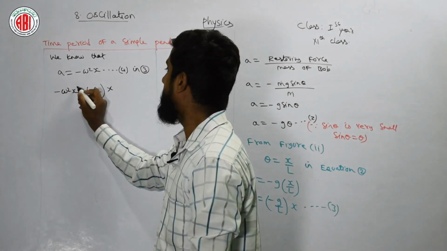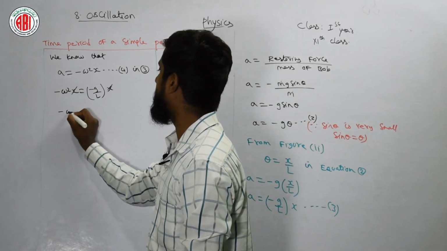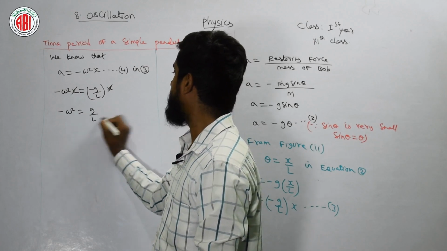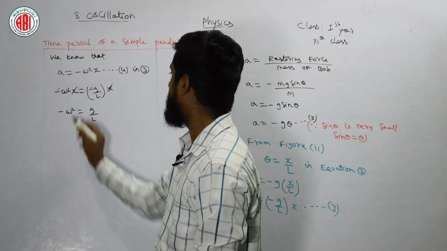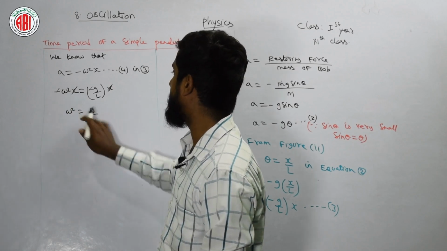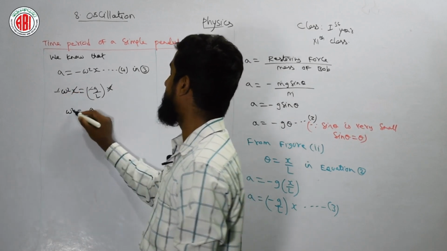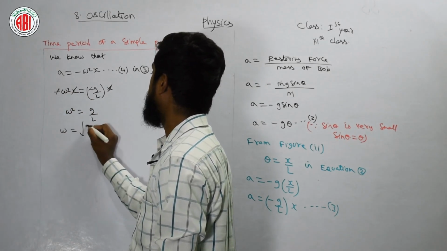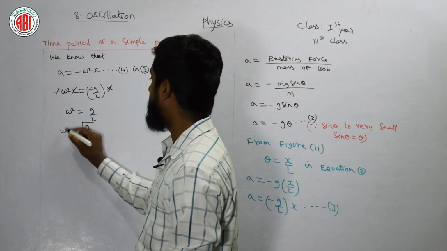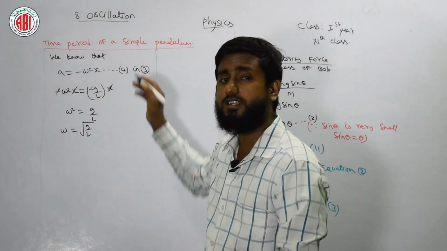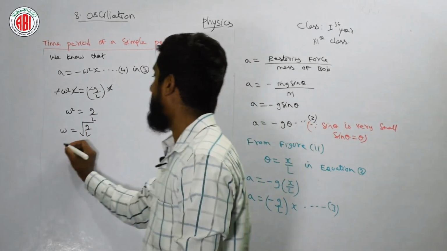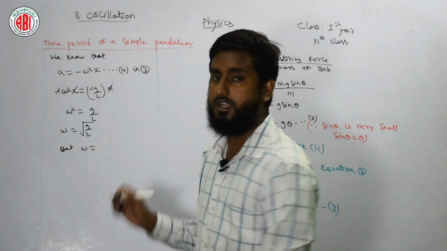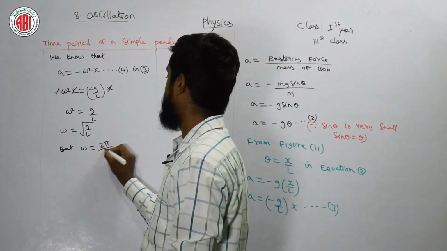Here x gets cancelled, and the minus also gets cancelled, so we remain with omega square equal to g by L. Now omega is equal to the square root of g by L, because if the square goes to the right-hand side it becomes a root. But what is omega, all the students and viewers? Here omega is 2 pi by T, isn't it?